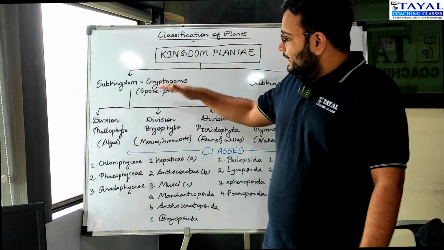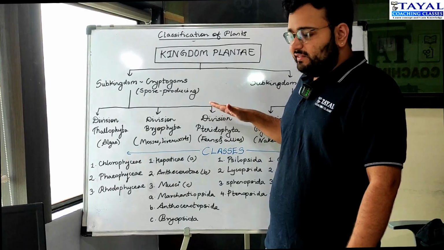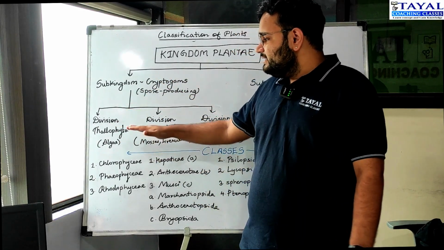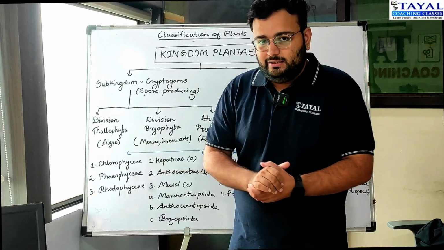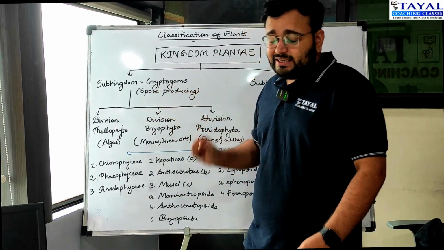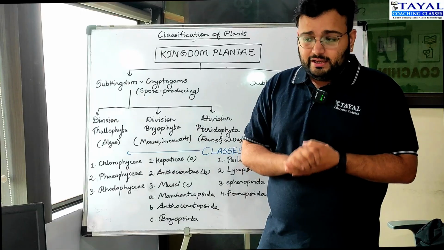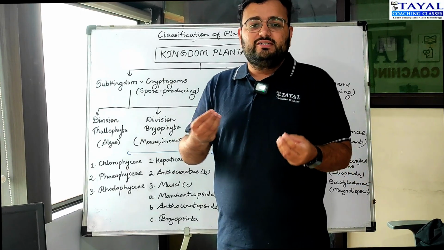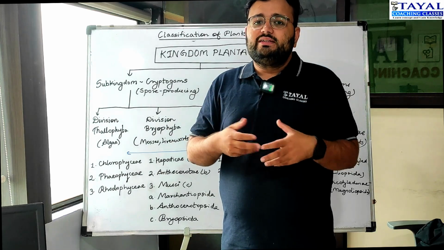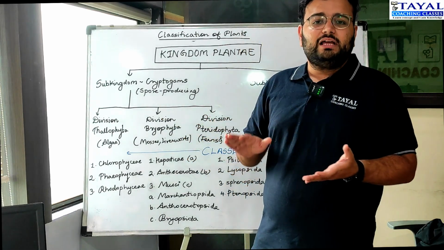Then in the cryptogams, you have three divisions: Thallophyta, Bryophyta, Pteridophyta. Thallophyta is the first division, which has algae. So all the algae come in Thallophyta. As the name suggests, they have a thallus-like body. They don't have specific structures like well-defined roots, shoots, branches and leaves, but they have a simple thalloid body.